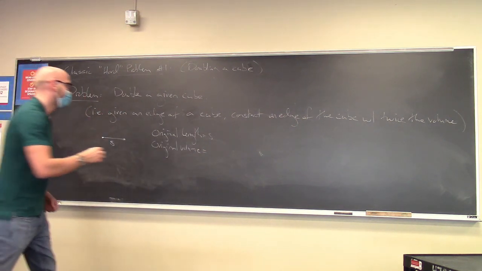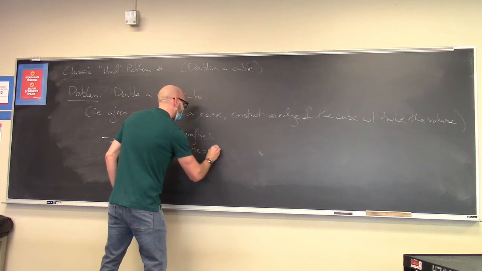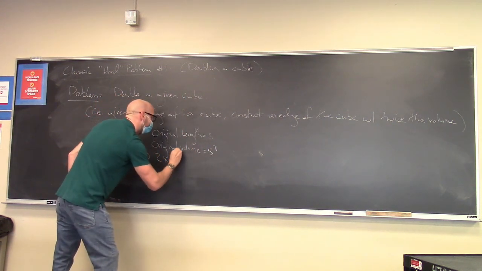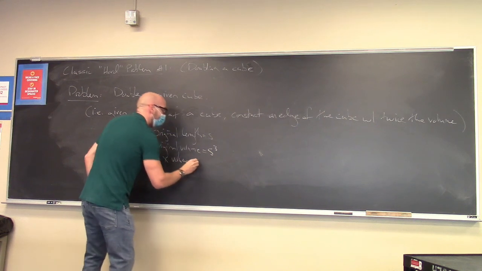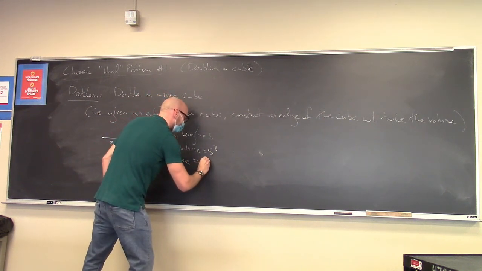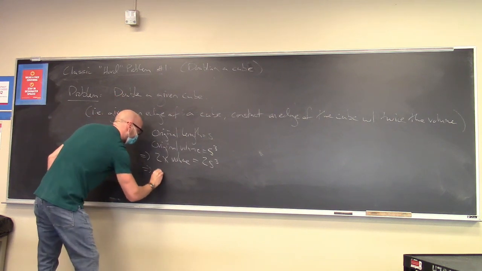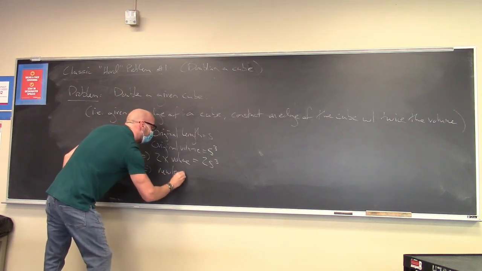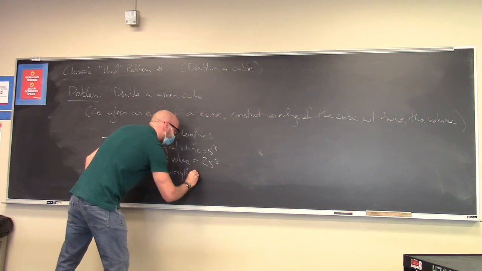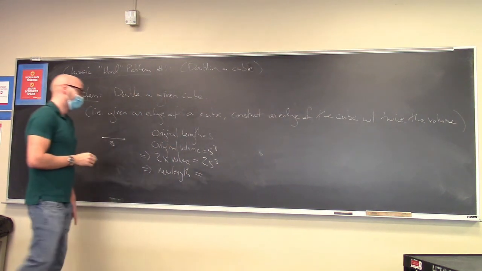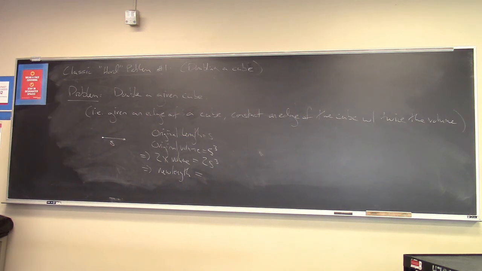S cubed. So twice the volume is 2s cubed. So our new length for twice the volume, we want the cube root of 2 times s.